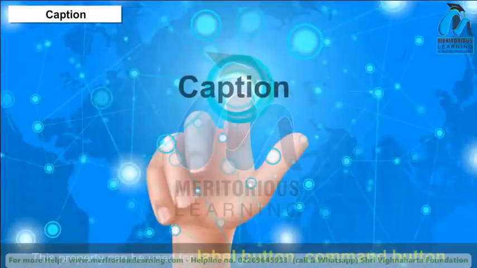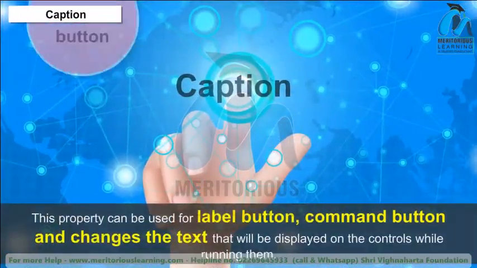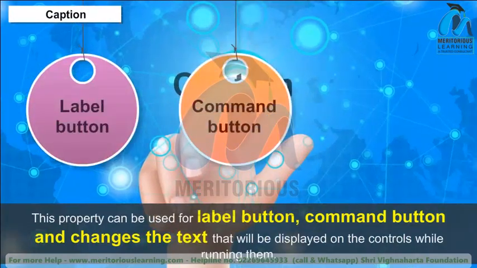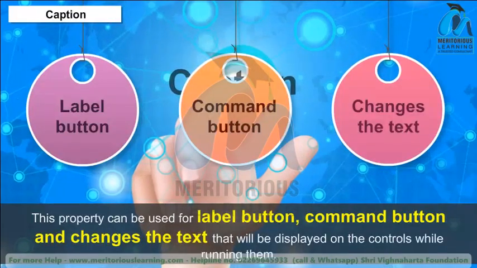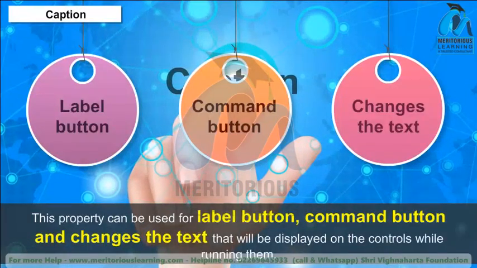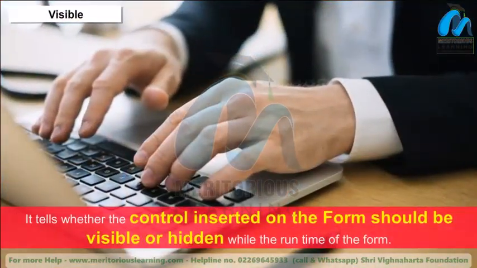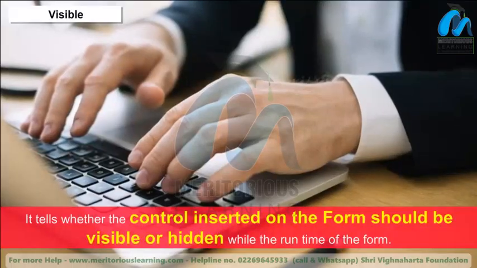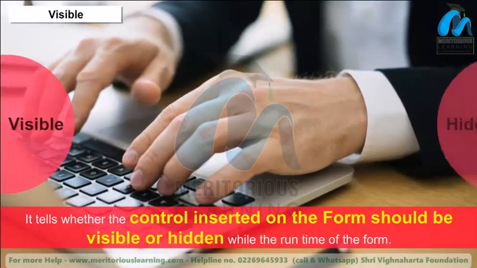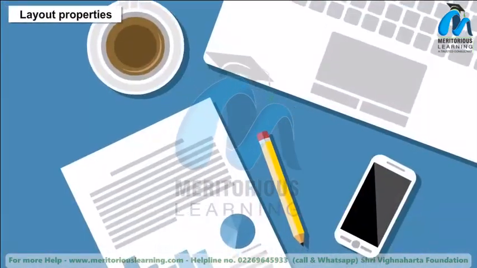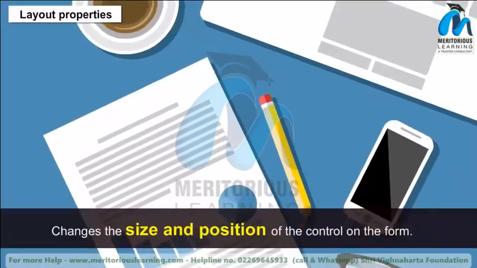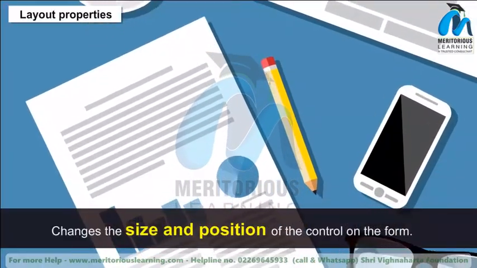Caption. This property can be used for label and command button, and changes the text that will be displayed on the controls while running them. Visible. It tells whether the control inserted on the form should be visible or hidden while the runtime of the form. Layout properties. Changes the size and position of the control on the form.